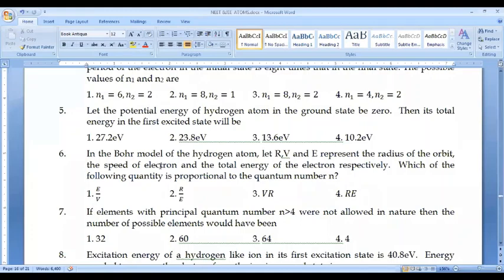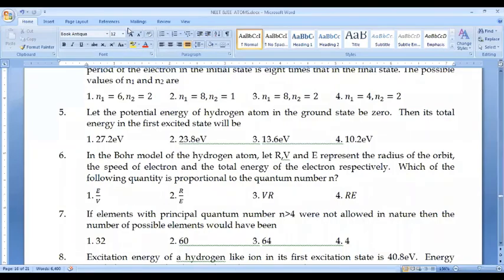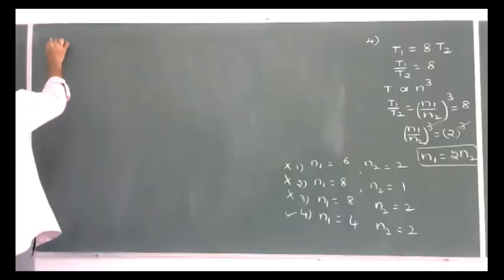Then its total energy in the first excited state will be. That is question number 5.